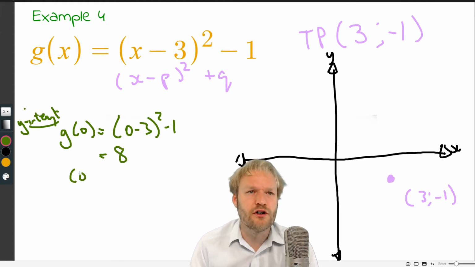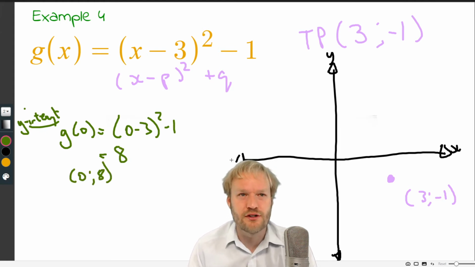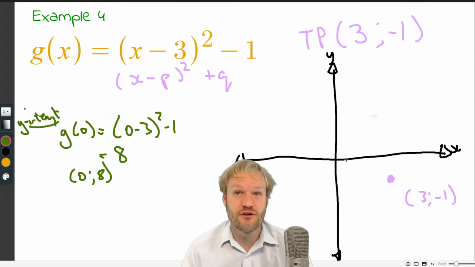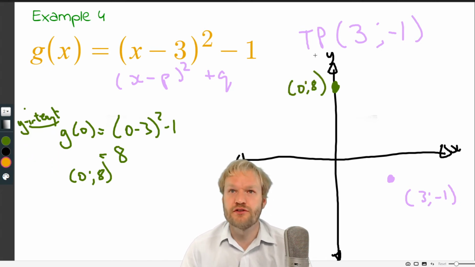So we've got (0, 8) as a point on our function. That's going to be up here somewhere. Now we already have a sense of what this graph's going to look like.